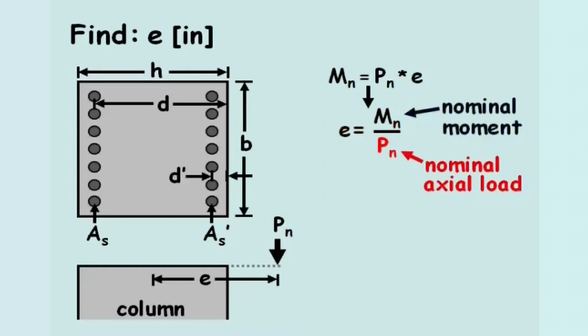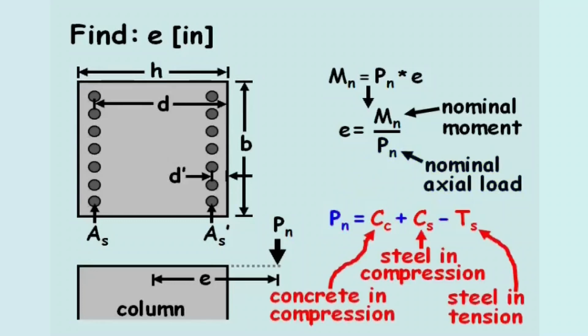We'll first solve for the nominal axial load, Pn, which equals the compression force in the concrete plus the compression force in the compression steel, minus the tensile force developed in the tension steel.